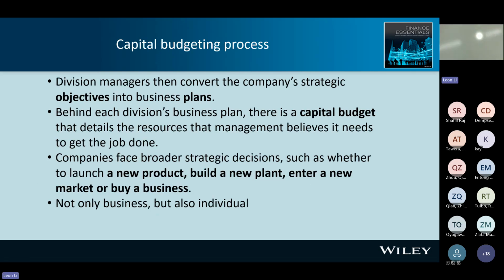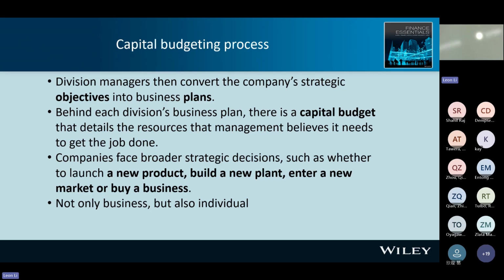So on this slide, we address the capital budgeting process. Division managers convert the company's strategic objectives into business plans. And behind each division business plan, there is a capital budget that details the resources that the management believes it needs to get the job done.